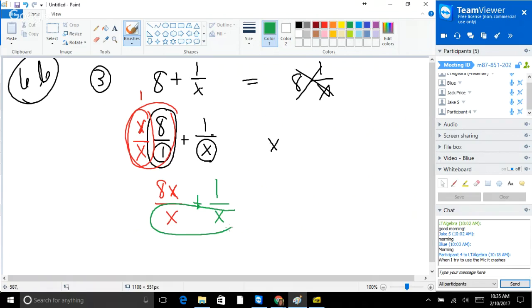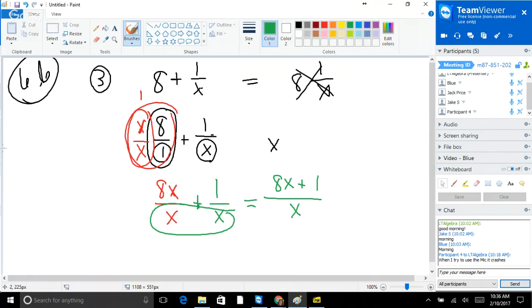Now I have the same denominator, and I just need to add my numerators. So 8x plus 1 over x. So I feel like it's really similar to 6-5, right? You have to make the denominators the same, but in this case, one of them is just going to be a whole number.